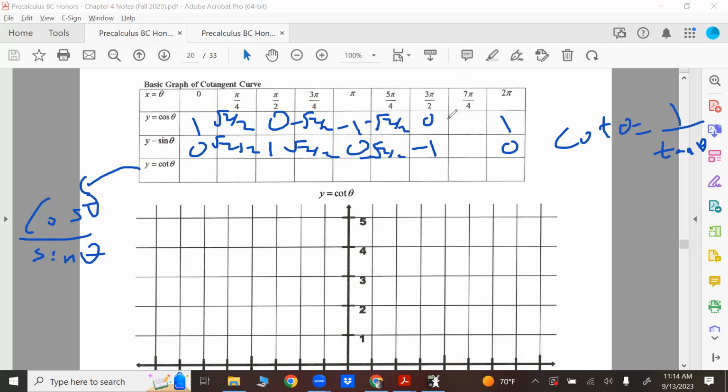But now you guys should become the unit circle. Root 2 over 2, negative root 2 over 2. So you get 0 and 0 here. Undefined here, undefined here, and undefined here. And also we get 1, negative 1, negative 1, and 1.